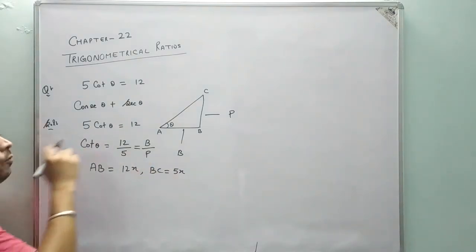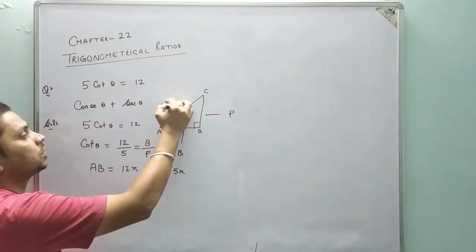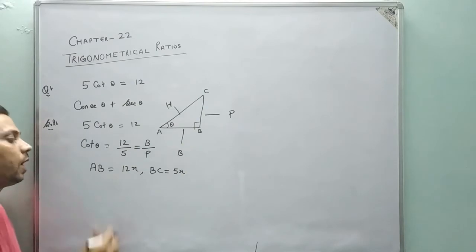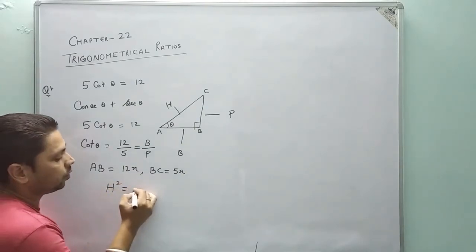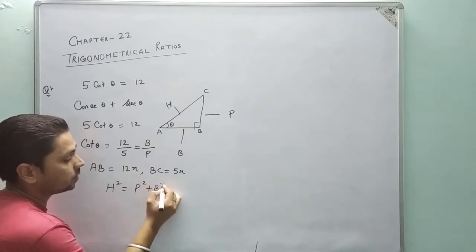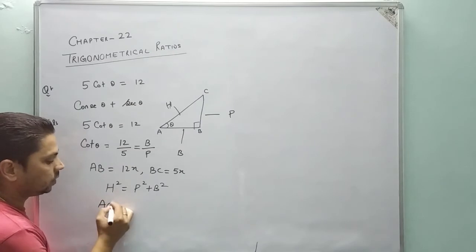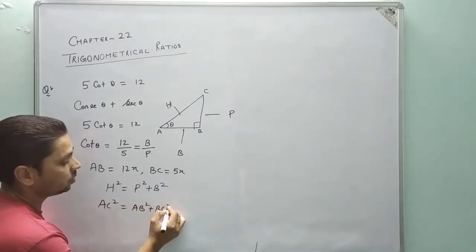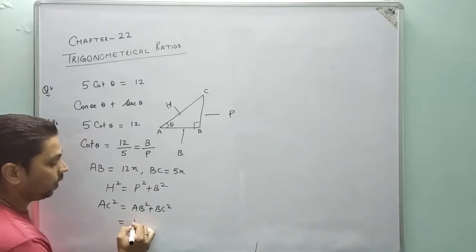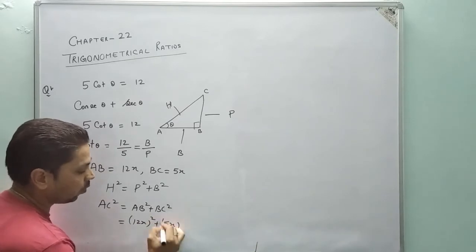Now, which term is missing? We don't have the hypotenuse. So first we find the value of hypotenuse, and this will be calculated using Pythagoras theorem: hypotenuse square is equal to perpendicular square plus base square. AC square is equal to AB square plus BC square. So we have 12x whole square plus 5x whole square.